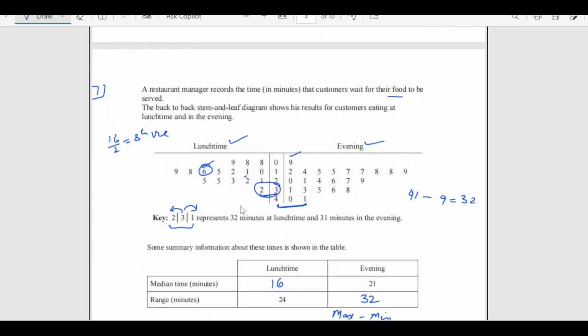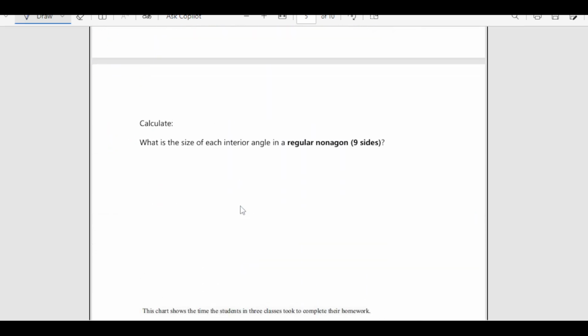Next, question number 8: calculate the size of each interior angle in the regular nonagon. A nonagon is a polygon having 9 sides. Polygon means the shape having more than 4 sides.